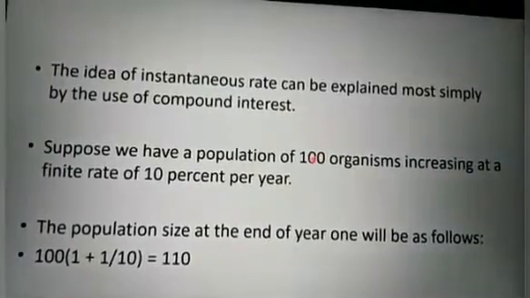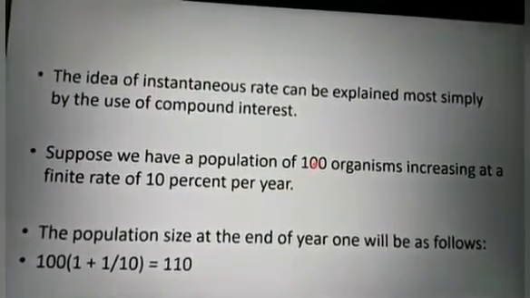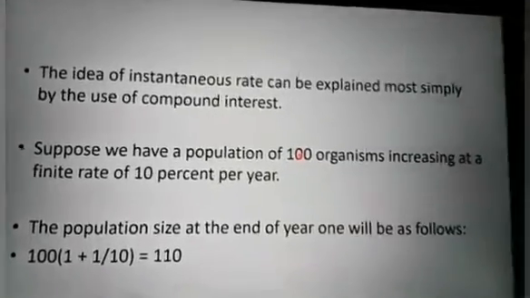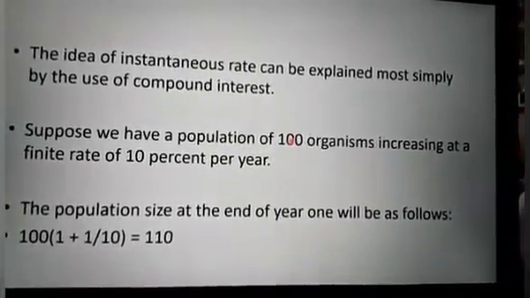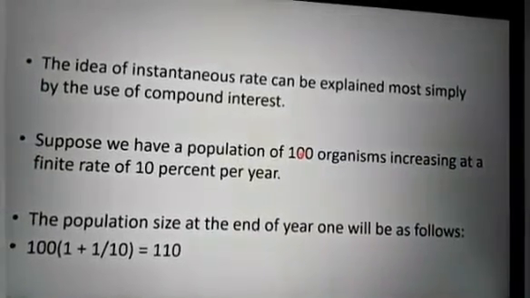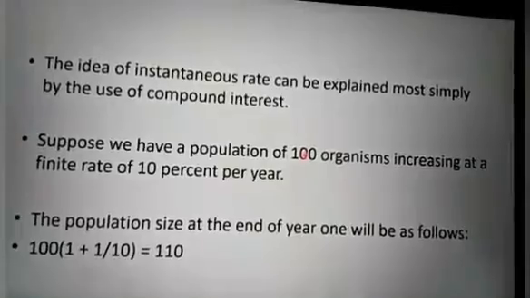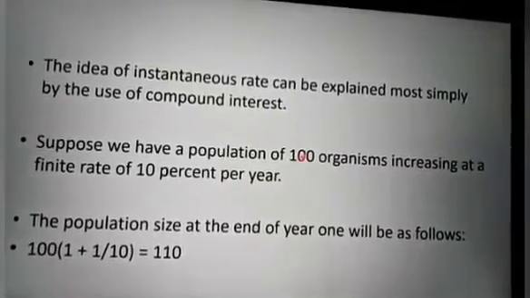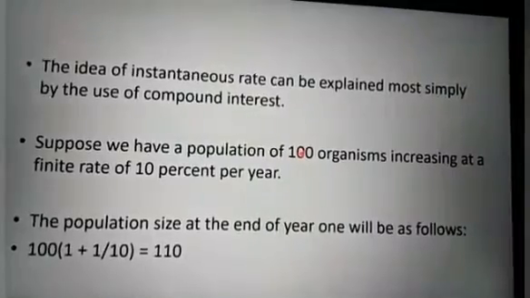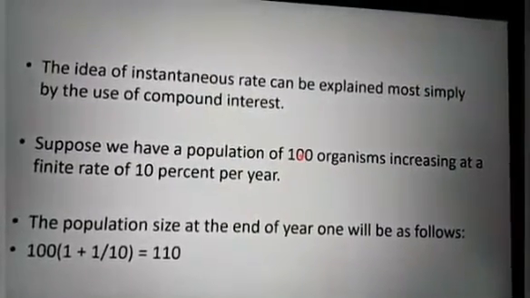The idea of instantaneous rate can be explained most simply by the use of compound interest. Suppose we have a population of 100 organisms increasing at a finite rate of 10% per year. The population size at the end of year 1 will be as follows.